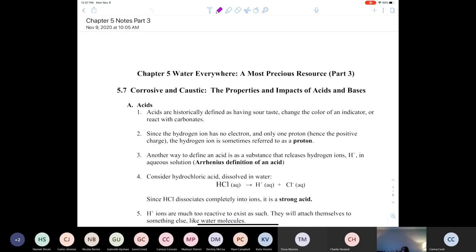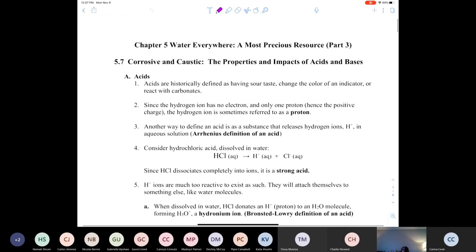So acids, they have been historically defined as having specific physical properties, such as having a sour taste, and they have the ability to have certain chemical properties, like being able to change the color of an indicator by reacting with it. And it has also been proven that acids react with carbonates.